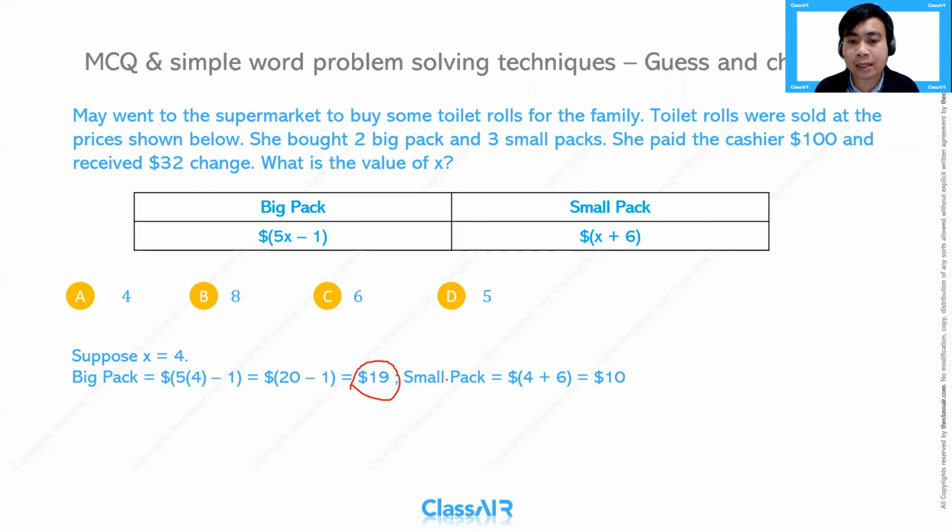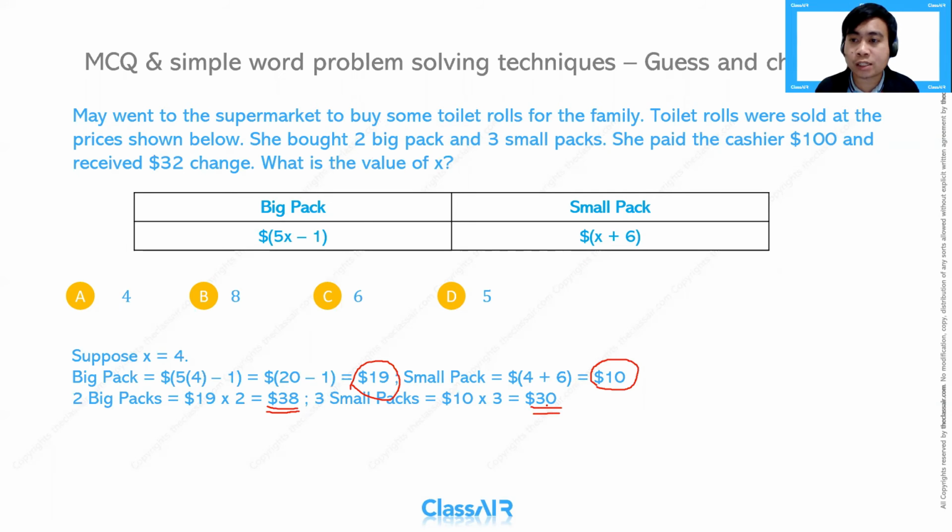While the small pack is equal to 4 plus $6 equals $10. It means that 2 big packs equals $19 times 2 equals $38. And 3 small packs equals $10 times 3 equals $30.